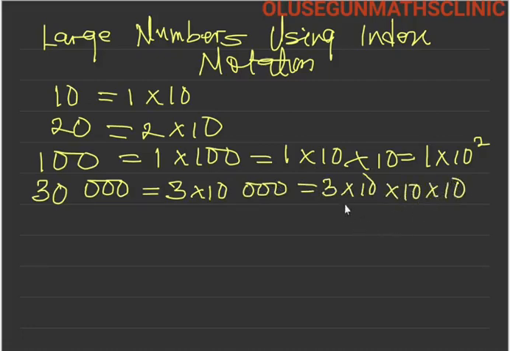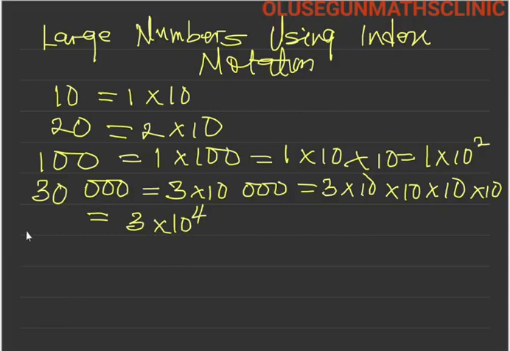Let's count the number of 10s: 1, 2, 3, 4. The 10 occurs in 4 places, so that is 3 times 10 raised to power 4.